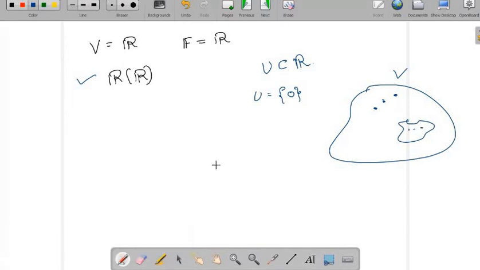Because you're just looking at the addition, like a1 plus a2 plus a3, right? We know that this property holds for every three elements in V, right? So similarly, if you take some elements in U, those are elements of V, and we know for every element of V it is satisfied. Therefore, for every element of U also it is satisfied.